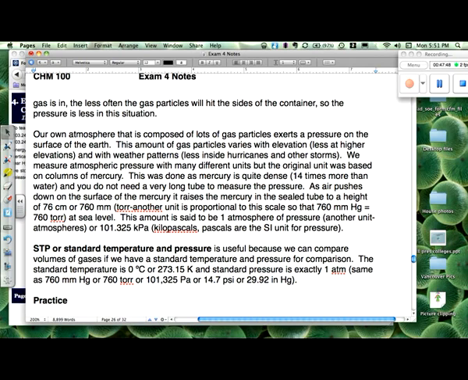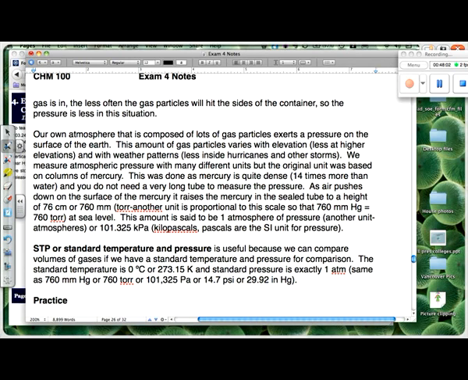So we measure atmospheric pressure, or the collision of those gas particles with the surface of the earth, with many different units, but the original unit was based on columns of mercury. This was done as mercury is quite dense, and you could measure the pressure of the atmosphere with a column filled with mercury that was only 76 centimeters in length.